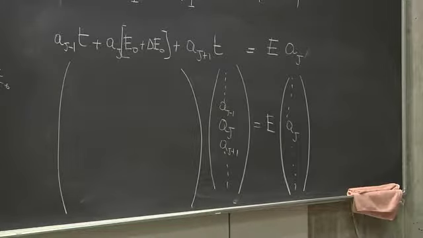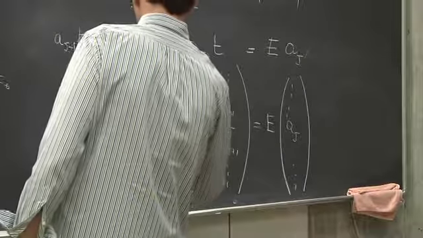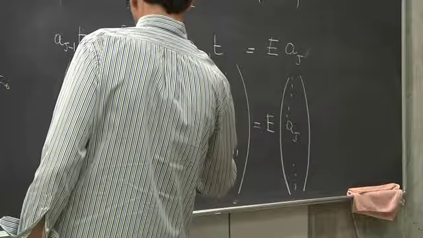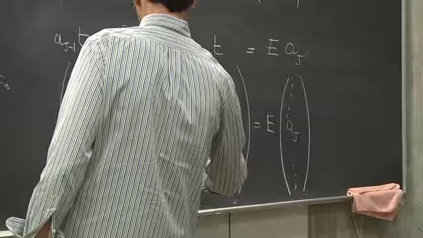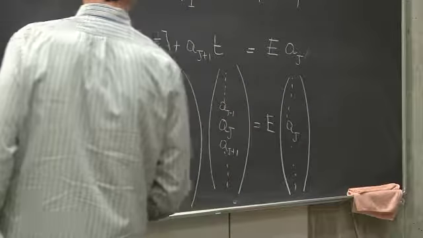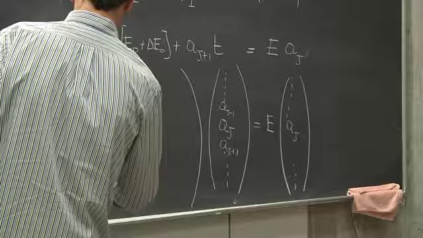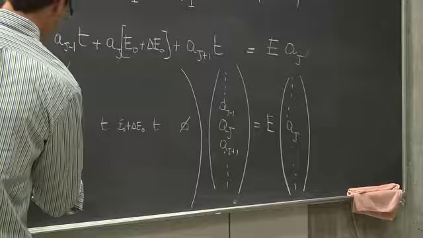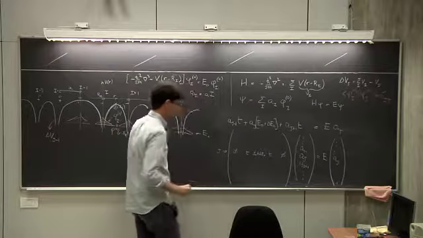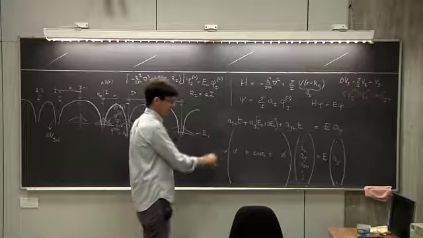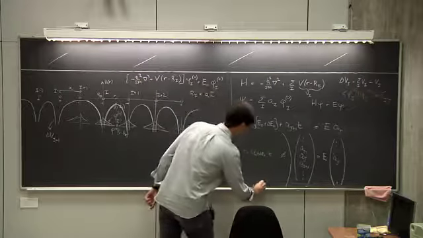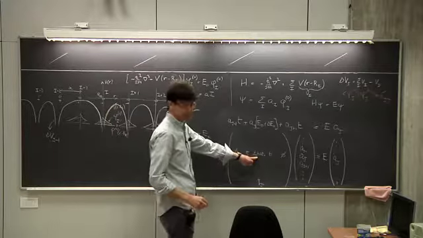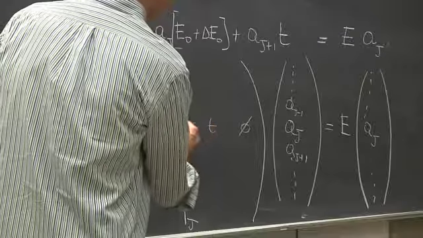Let me first write it and then we'll discuss it. So this is row j in my infinite matrix. And this is actually column j.